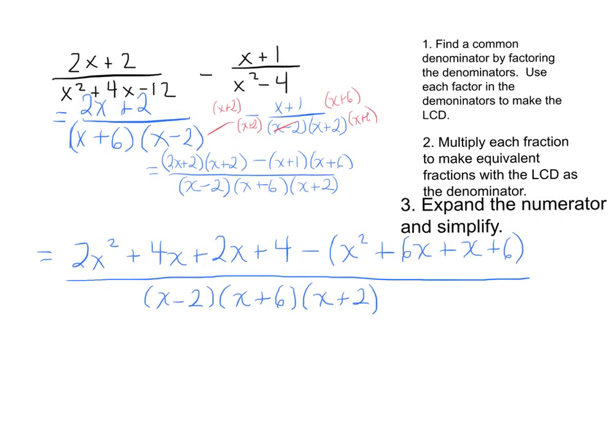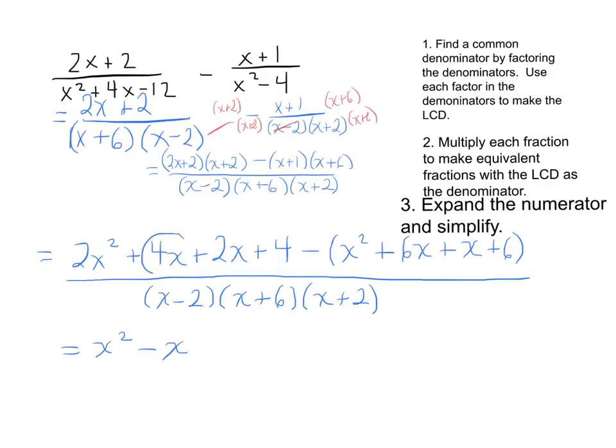Now we need to combine like terms, simplify the numerator. I have 2x squared minus x squared. Those are like terms, so that's x squared. And then I have 4x plus 2x minus 6x minus x, which is negative x, isn't it?